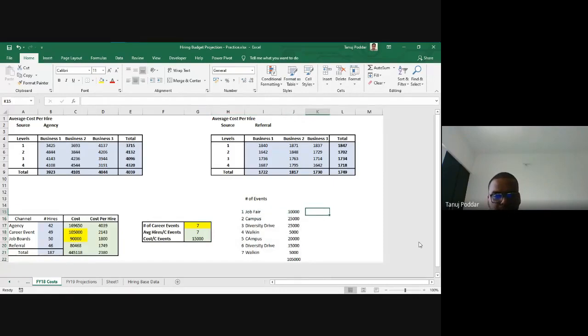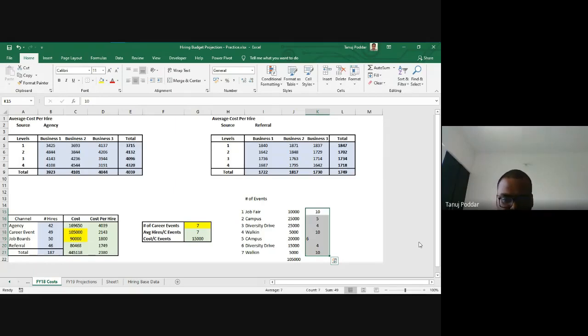So from this, I could have say 10 hires. This could give me another 10, and 10. This could give me 2. This could give me 4, 5, 3. I could have a varied number of hires from all the different events, right?